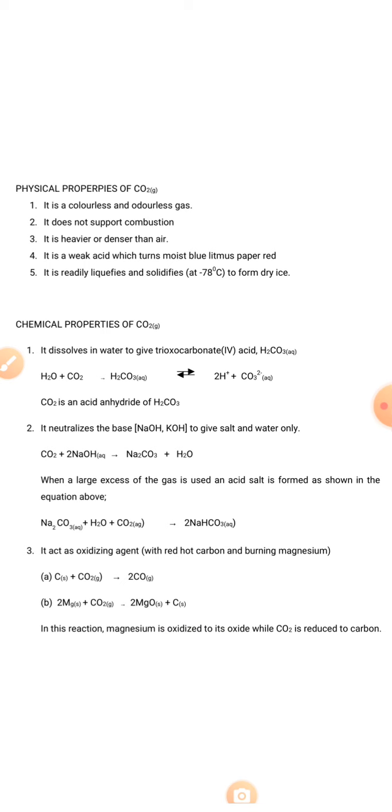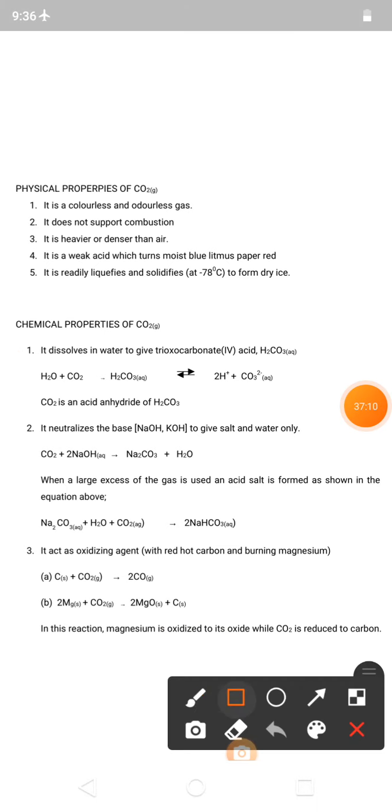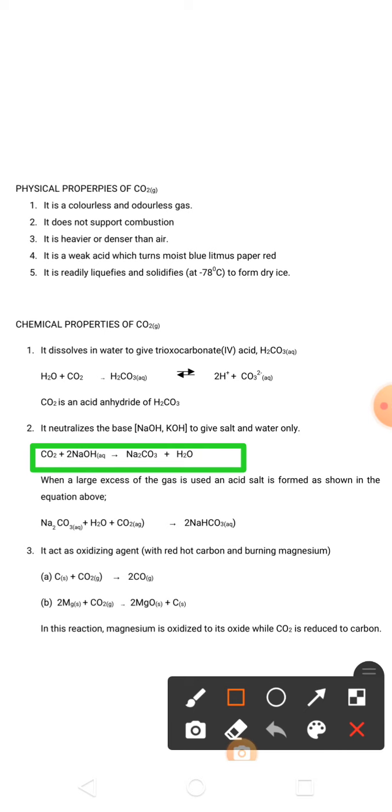Number 2, it neutralizes bases, that is sodium hydroxide NaOH or potassium hydroxide KOH, to give salt and water only. So you see the equation there: CO2 plus NaOH gives Na2CO3 plus H2O.